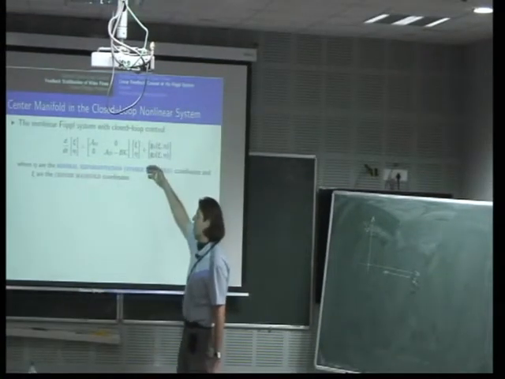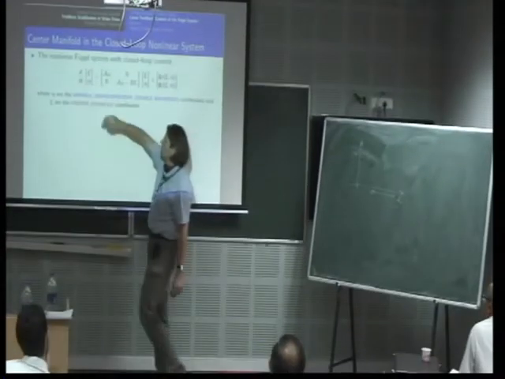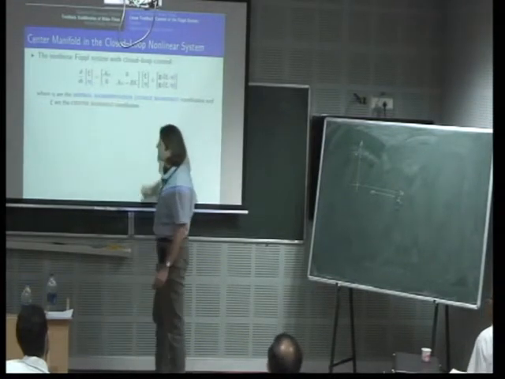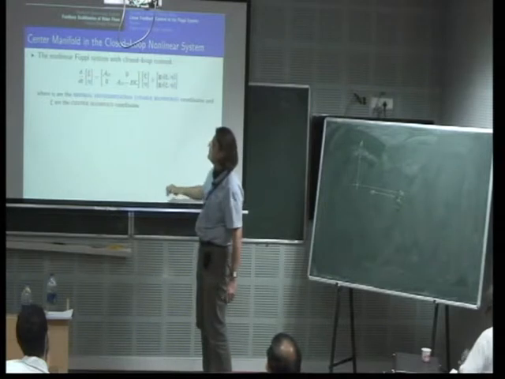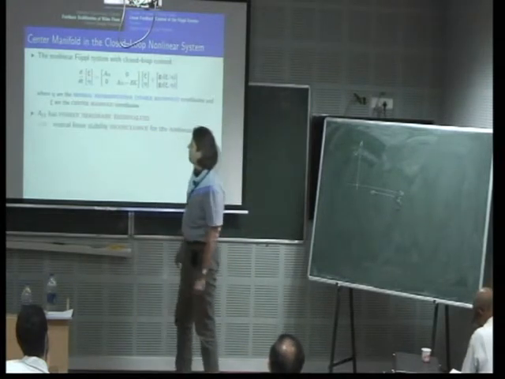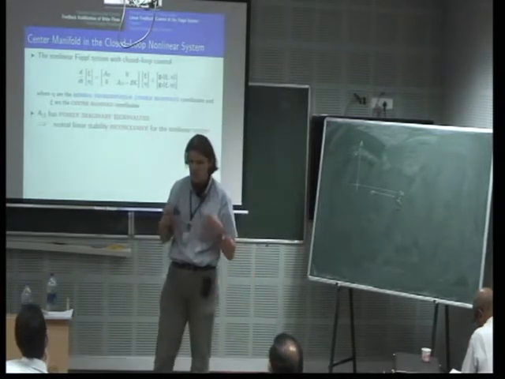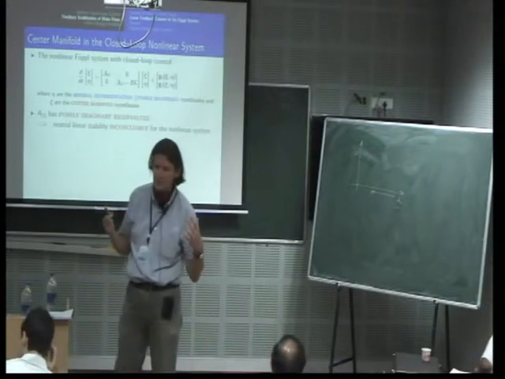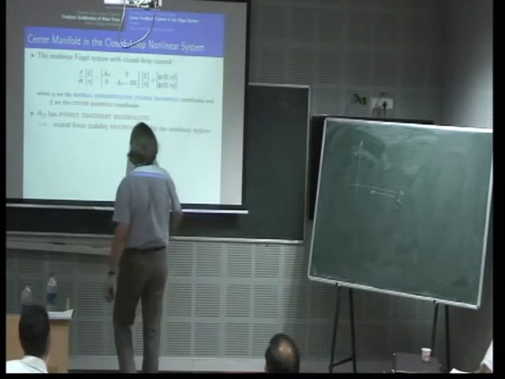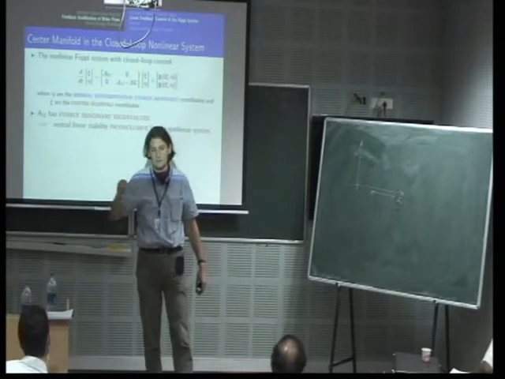And it is, of course, designed based on the linearization of the system. Now, we also have the red part, which is the uncontrollable part. And this uncontrollable part is characterized by this matrix A11, which has purely imaginary eigenvalues. In order to assure ourselves about the stability of this entire system, we would like to be able to say something about the stability of the subsystem which is uncontrollable.